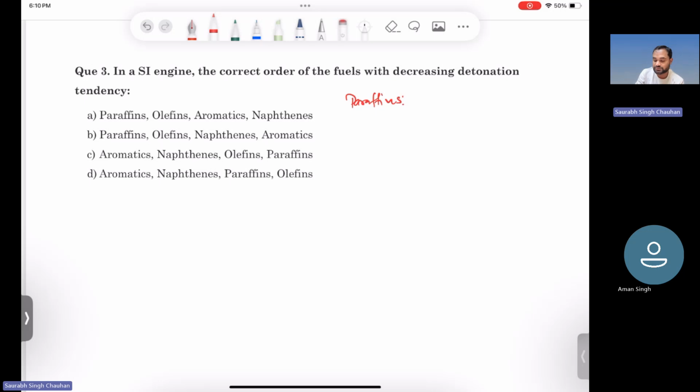Paraffins are saturated carbon chains, right? No double bond, no ring. These are paraffins. And olefin, there can be one double bond, right?